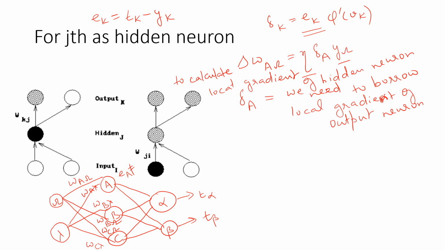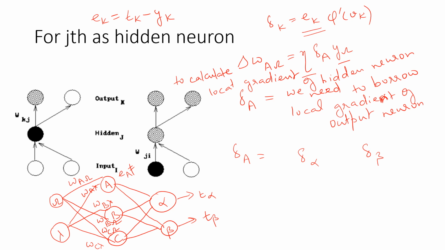So if I see the connections, this A neuron is connected with alpha and beta both. So if we take the local gradient of alpha only, this is not justified. So we need to take the local gradient for alpha and beta both, because this neuron has a connection from alpha and beta both.